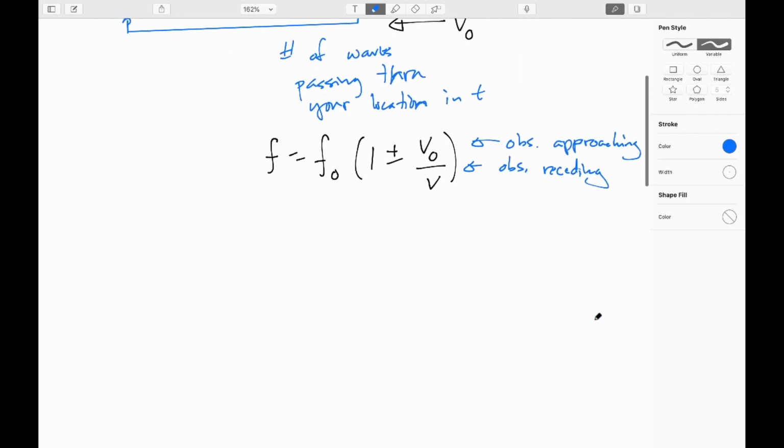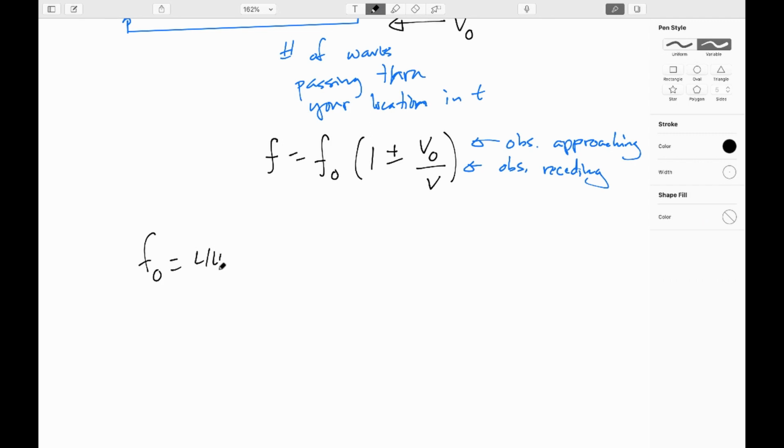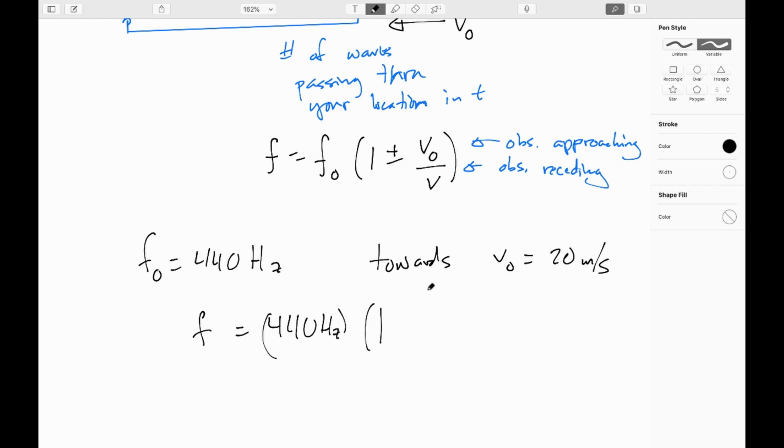So just to make a concrete example, let's say somebody was striking a tuning fork at concert A, so that would be 440 hertz, and you were walking towards the source at, let's say, 20 meters per second. What frequency would you hear? Plugging into the equation, f equals 440 hertz times 1 plus, and here we pick the plus sign because you are going towards the source, 20 meters per second compared to the speed of sound at 343 meters per second.